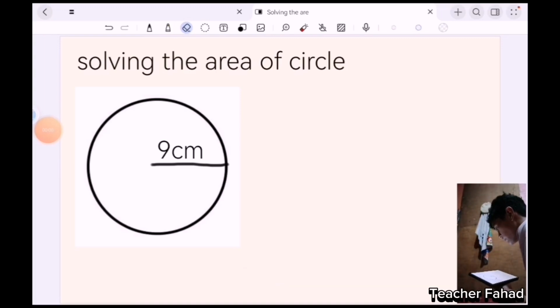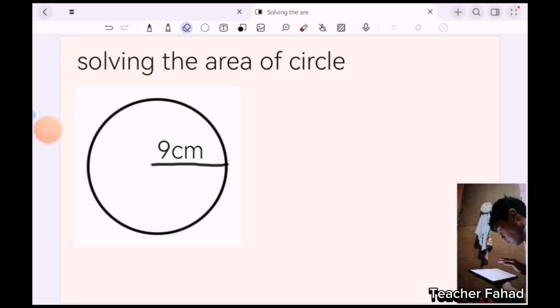So hi guys. Now let us try to solve the area of circle. As you can see, we have here one example of how to solve the area of circle. This is the problem to find the area of this circle, where the radius is 9 centimeter.